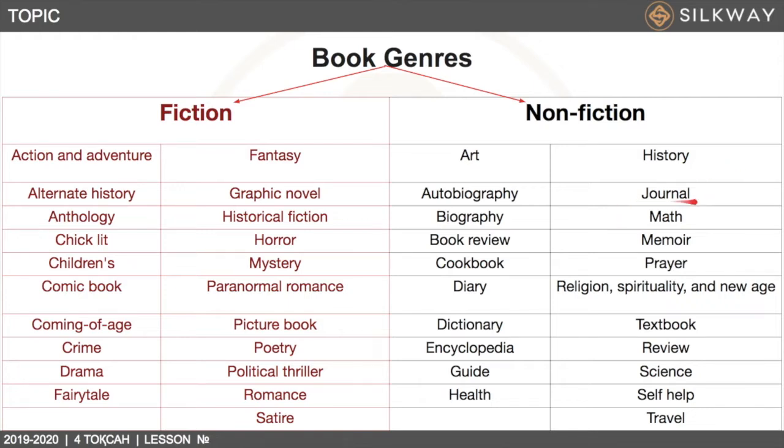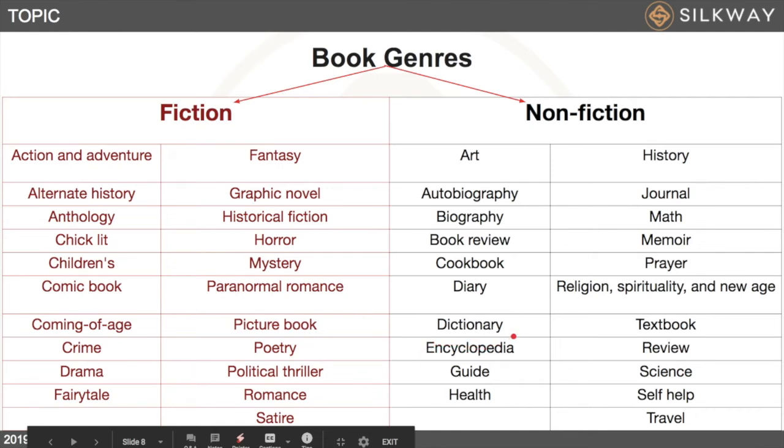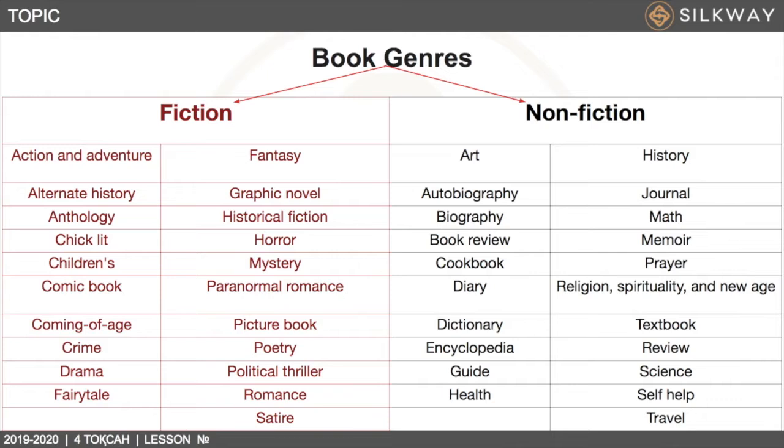It can be a journal, it can be about math, it can be about religion, spirituality, or all this type of books which is based on true things. Okay, now in my case I like non-fiction books to read because fiction is.